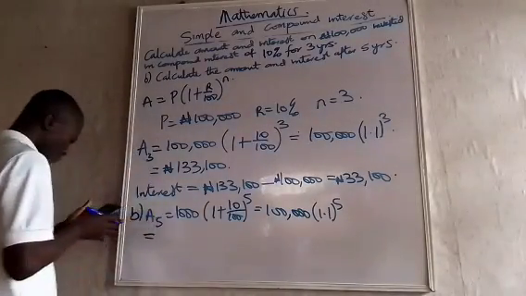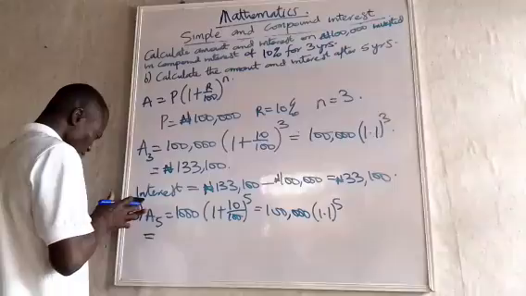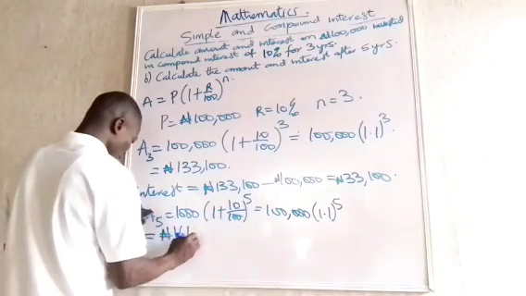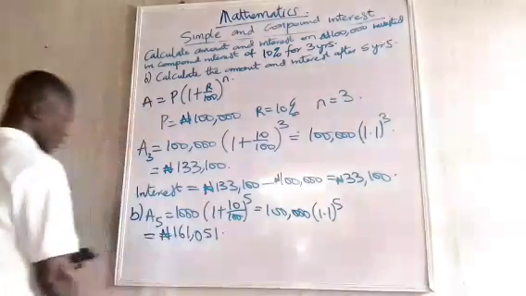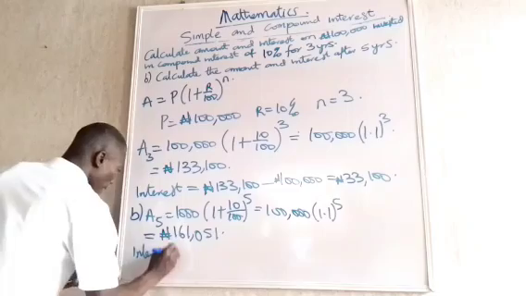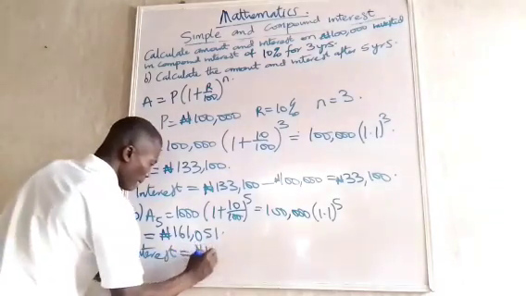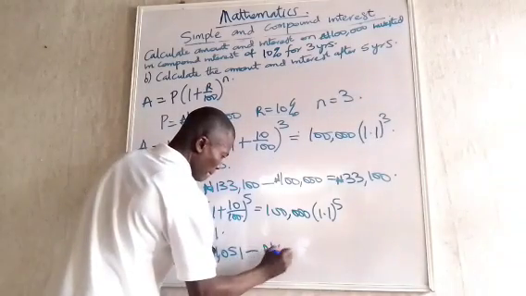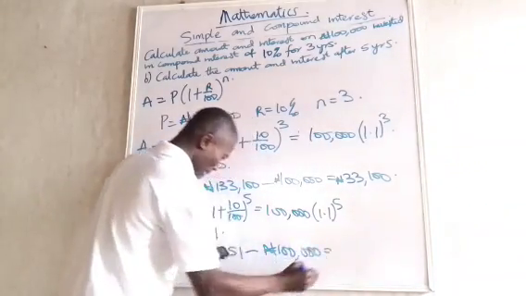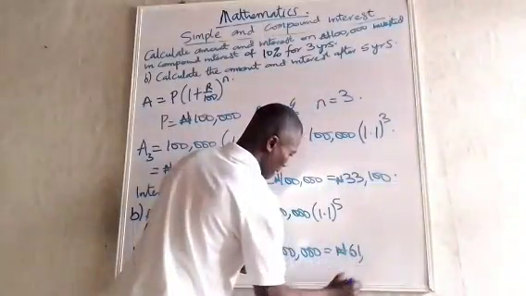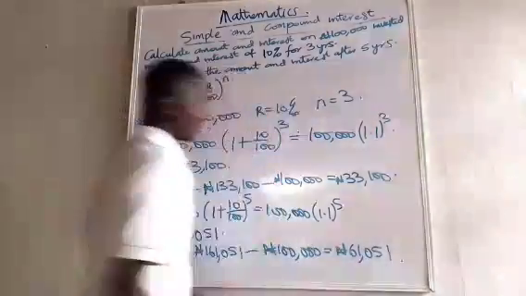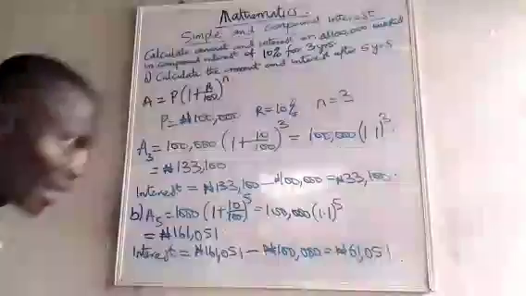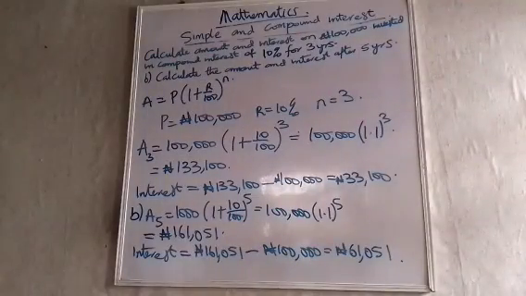That gives us 161,051. So interest. So you can see it's now made simple. So it's very easy, and by the time you watch it once or twice, you get it.